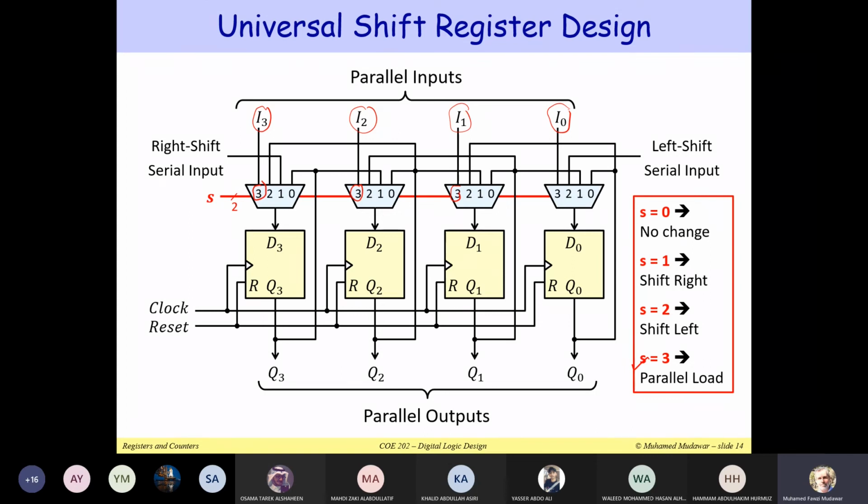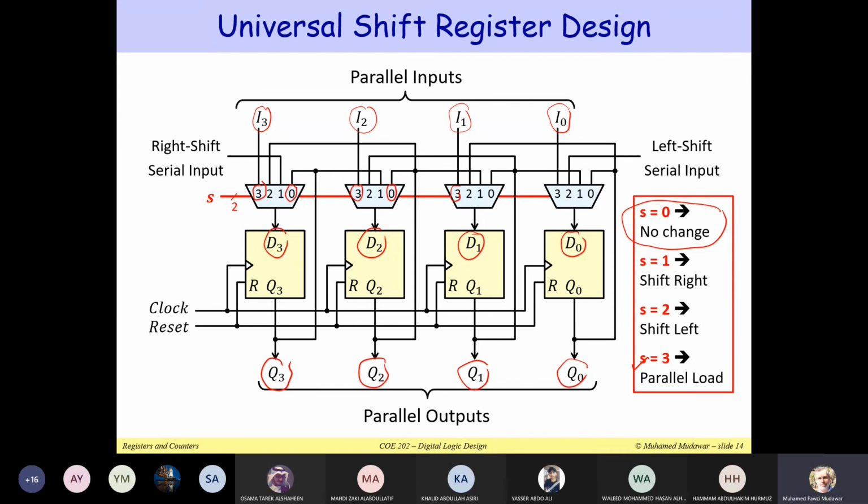The register is implemented using just D flip-flops. Let me say I would like to have no change. In the case of no change, all you have to do is connect Q3 back to D3 using this input 0, connect Q2 back to D2 using this input 0, connect Q1 back to D1, and connect Q0 back to D0.